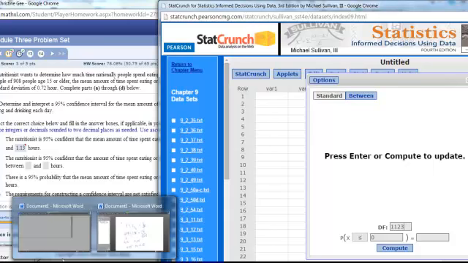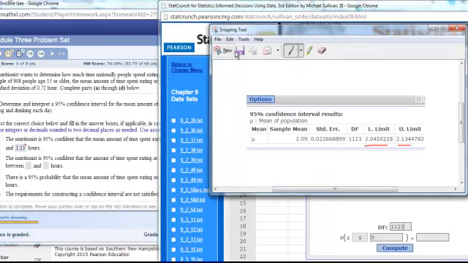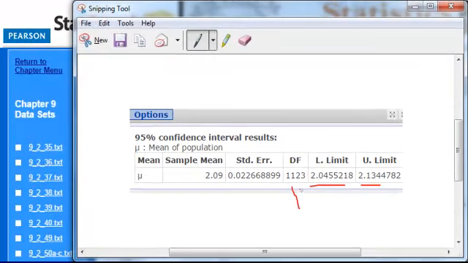Here it shows the degrees of freedom, 1,123, and that's just subtracting 1 from the sample size.